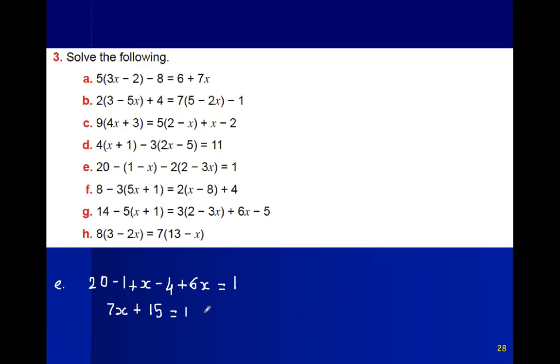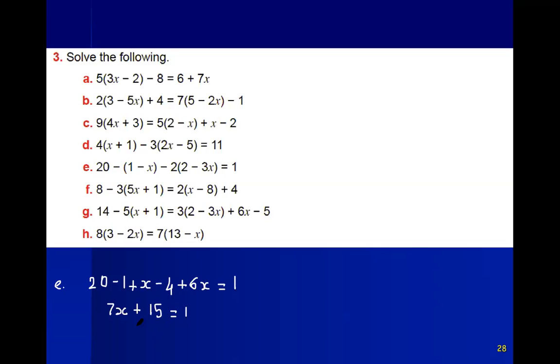So looking at this, I've got an idea what x is, because the only way I'm going to get 1 here is if I take away 14 from 15. So that means this 7x should be equal to negative 14 for this to work.